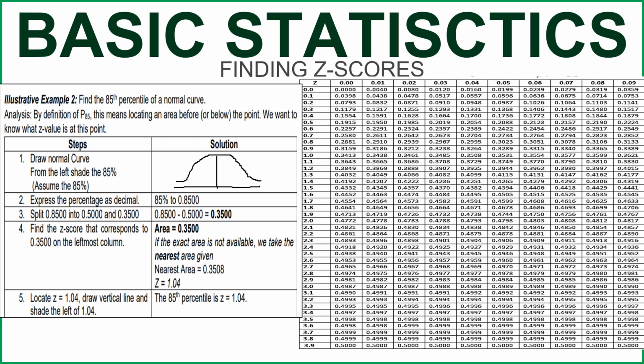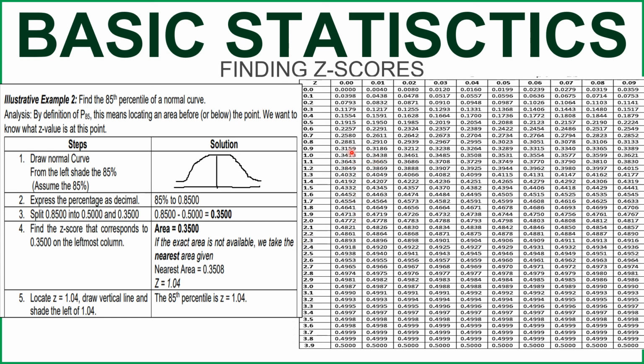This time, higher na naman siya, di ba? Mas mataas siya sa 0.5. Kaya, isasubtract natin yung 0.85 sa 0.5. And we have 0.35. And then, we find the z-score. That is 0.35, di ba? Yung area. So, hanapin naman natin yung area ng 0.35 and yung mga areas malapit doon.